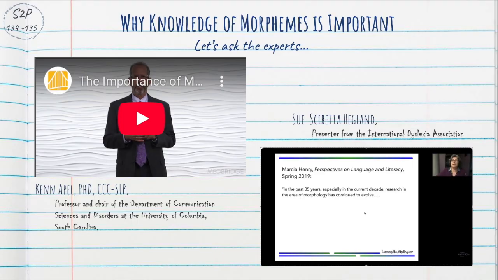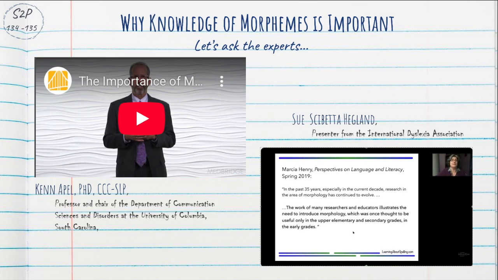She said that in the past 35 years, especially in the current decade, research in the area of morphology has continued to evolve. And she talks a little bit about how that research has evolved. And you might want to go take a look at that and see what she has to reference there about research. But her conclusion was the work of many researchers and educators illustrates the need to introduce morphology, which was once thought to be useful only in the upper elementary and secondary grades, in the early grades.